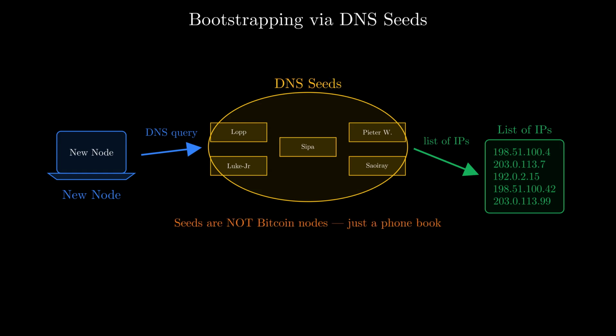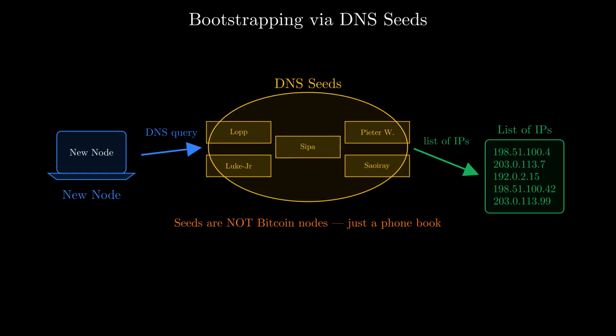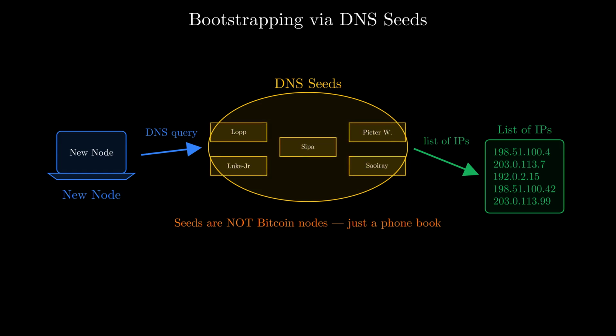Critically, these seeds are operated by several independent volunteers, so no single party controls the entry point. You can override them with the -seednode flag. Important caveat: DNS seeds are not central servers running Bitcoin. They're a phone book, not a network.